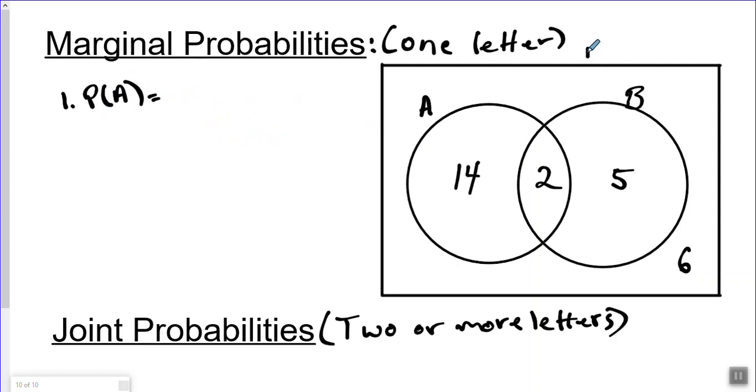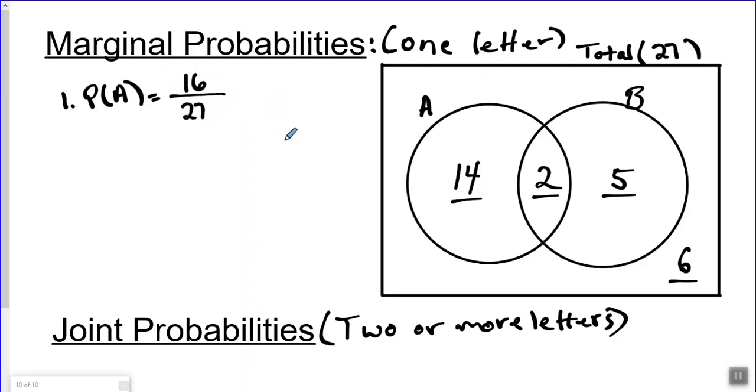So I'm going to write the word total on top of this Venn diagram, and I'm going to put that number up here. How would I get the total? I'm going to add 14 and 2, that makes 16. 16 and 5, that makes 21. 21 plus 6 more is 27. So we have a total of 27. So our probability is going to be out of 27. And for this exercise, we're just going to leave all the fractions over 27, okay? So the probability of A is 16 out of 27.